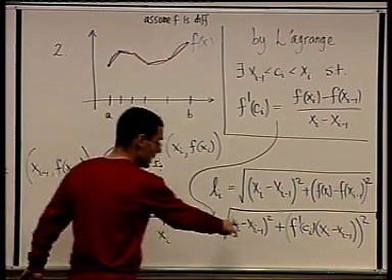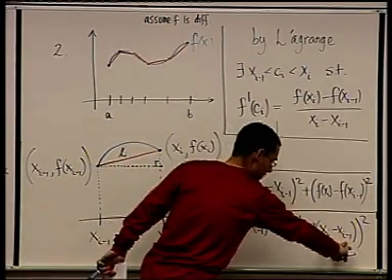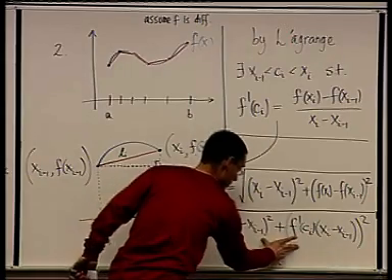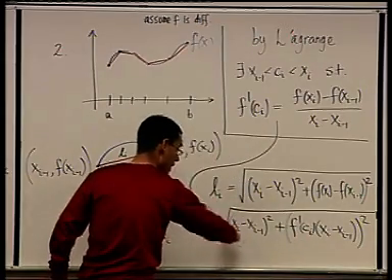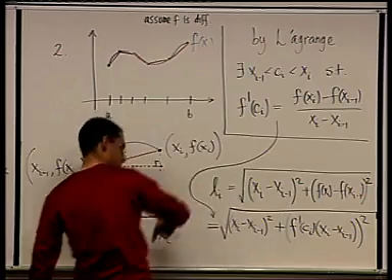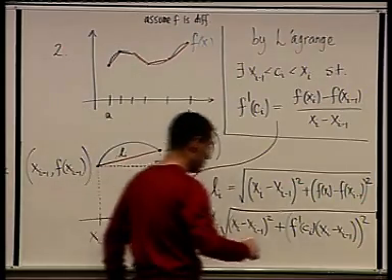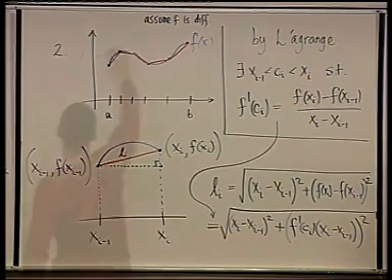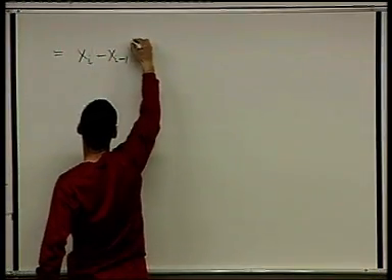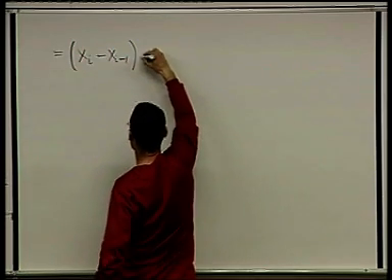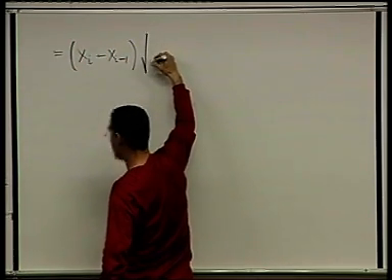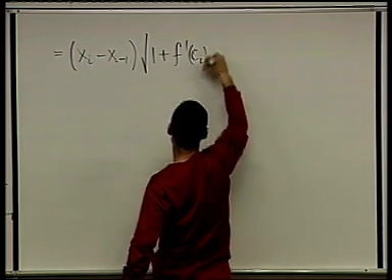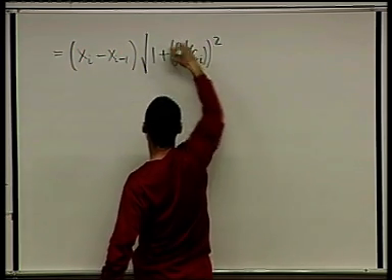Okay. Now I can pull this (xi minus xi minus 1) squared out. It's a common factor in both of these. It's squared and rooted, so I can pull it entirely out of the root. So now we can continue on this board. I get (xi minus xi minus 1) times the root of 1 plus f prime at ci squared.